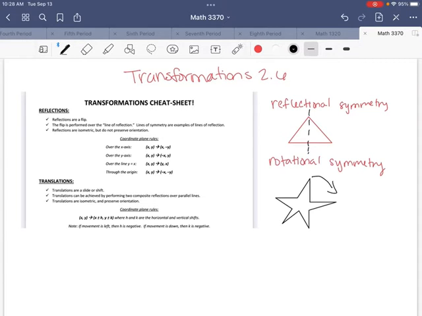You can easily get the angle of rotation by taking 360 and dividing it by how many points there are. So in this case, it would be 5. Let's see if I can divide in my head.